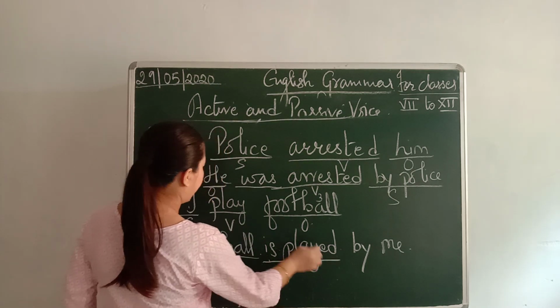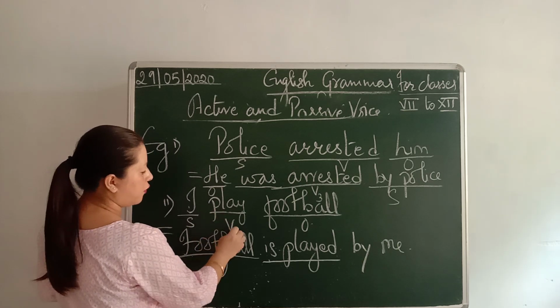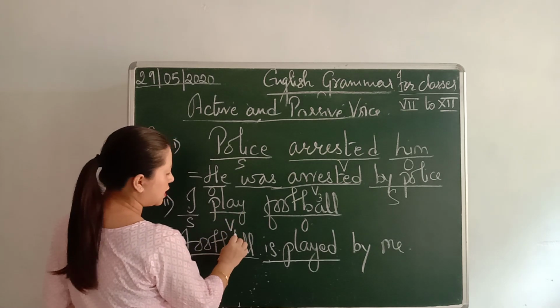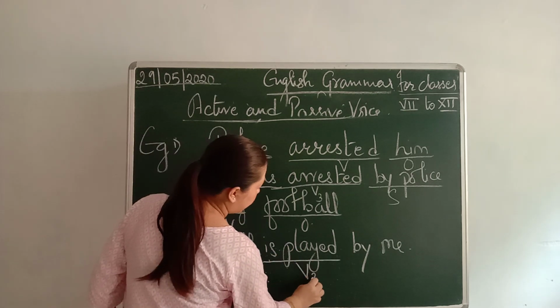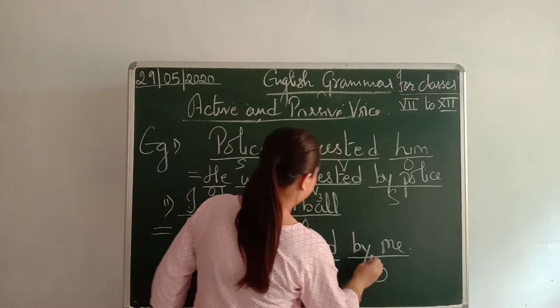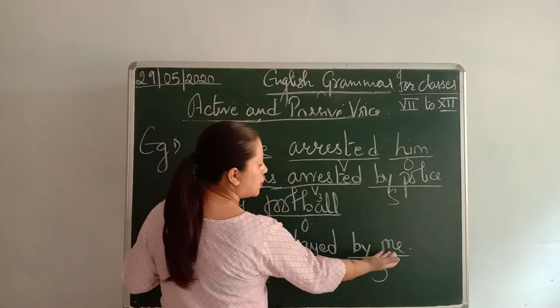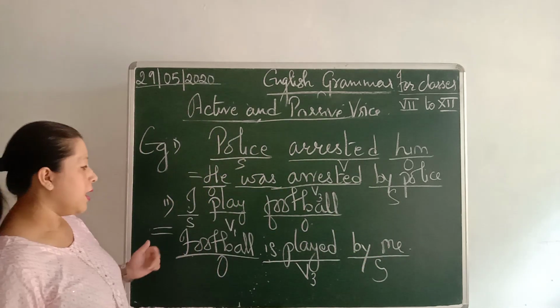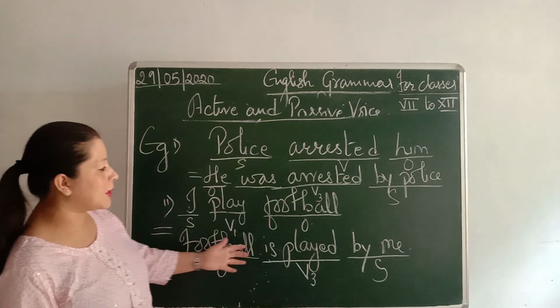Then "played". This "play" is the verb in the first place. You have made this first-place verb into the third-place verb. Okay? Played. And "by me". This is the subject, so here "I" is changed into "me". So this is "Football is played by me."